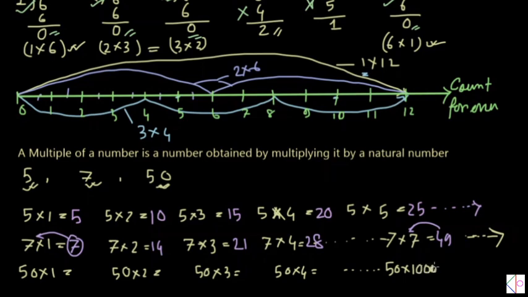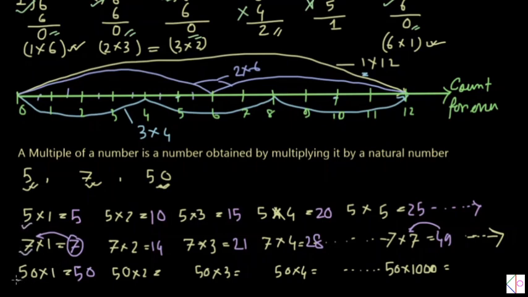Okay, you can multiply 50 by any value, 1000, 10,000. It may be 1 crore or any large value, since there is no finite limit. So 50 times 1 is 50. So that is the first multiple of 50.